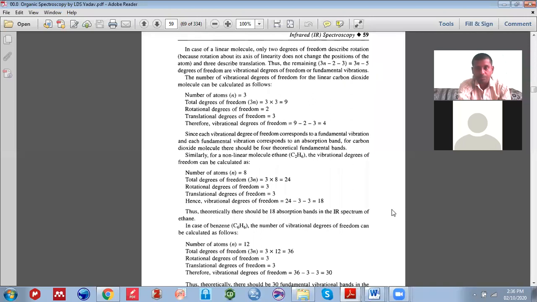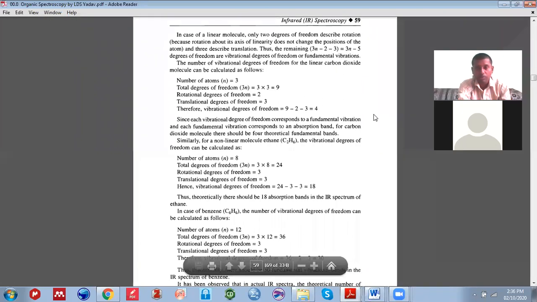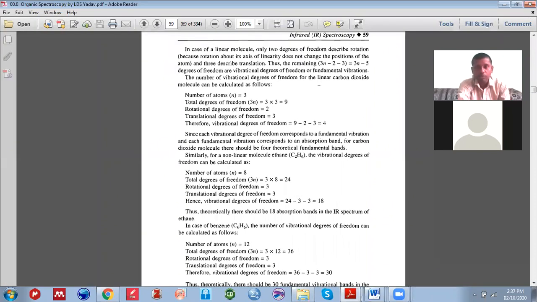For a linear molecule, the total is 3n, with 3 for translational and 2 for rotational along the axes. So the total number of vibrations is 3n minus 5 for linear cases. Carbon dioxide is a linear molecule.